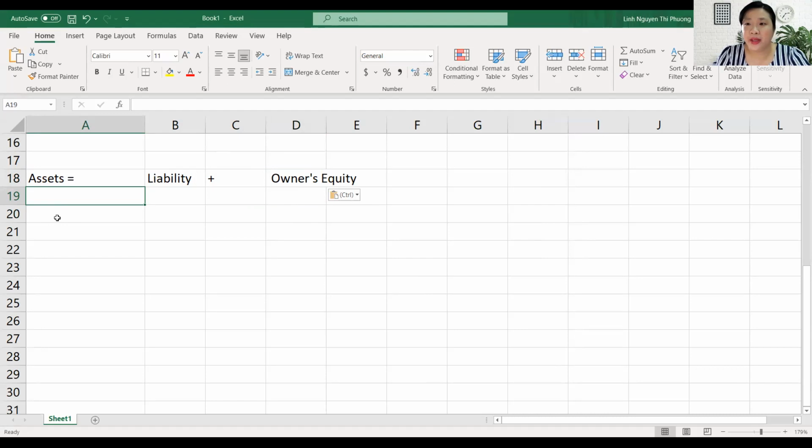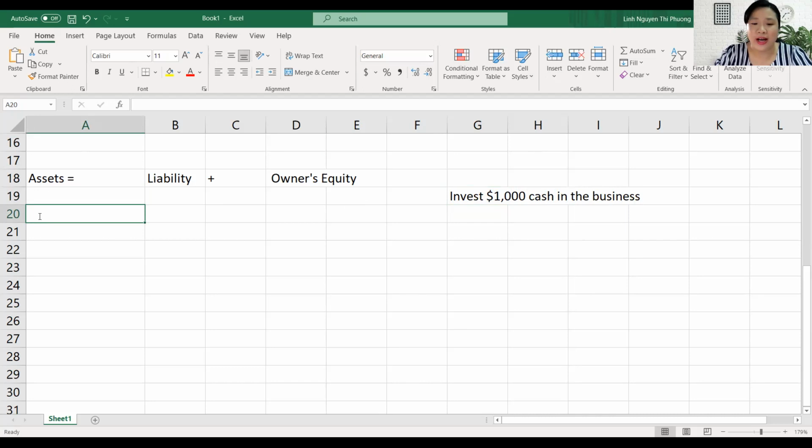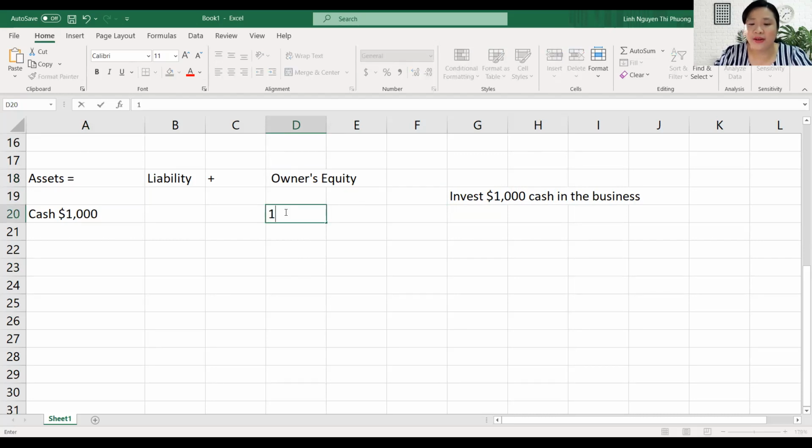For example, if I invest $1,000 in the business, we call it cash in the business. So $1,000 cash, you know, assets are the resources, right? So I have cash of $1,000. It's my assets. Now, because I invest $1,000 cash in the business, owner's equity means the ownership. So it means I own $1,000 in this business.